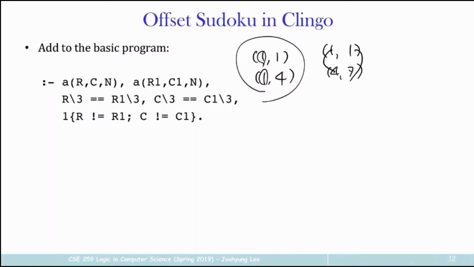That's okay, because the lower bound is 1. So at least one of these inequalities is true, then we are done. So there are 3 possibilities: R is different from R1 but C could be the same, or C is different and R could be the same, or R and C are all different. Okay? All right, so this is it.